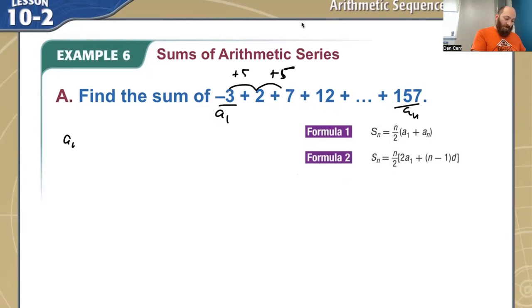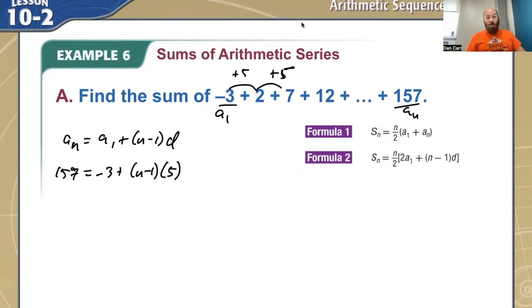If I use my explicit rule, a sub n is equal to a sub 1 plus n minus 1 times d, we can set this up with all the information we have. So 157, -3 will go here, n minus 1 times 5. Now we're just going to solve this through algebraic processes to find the value of n.